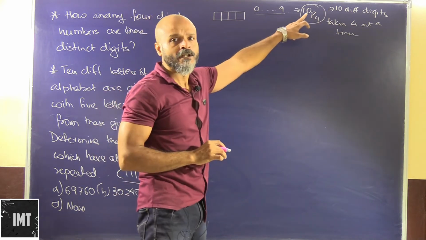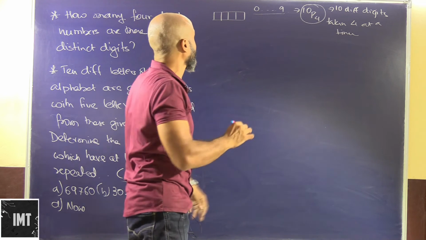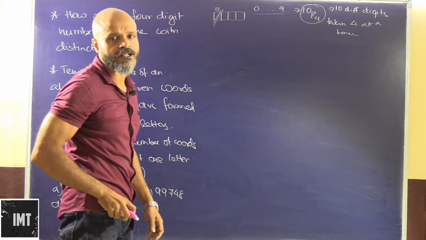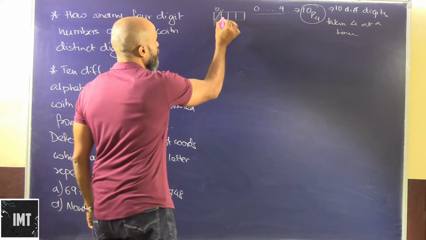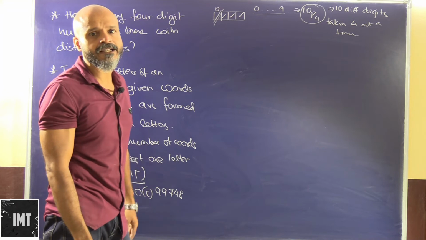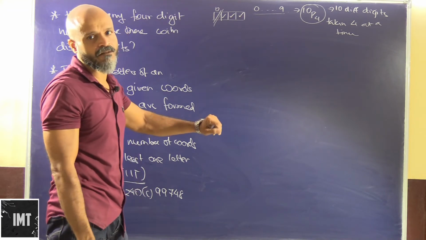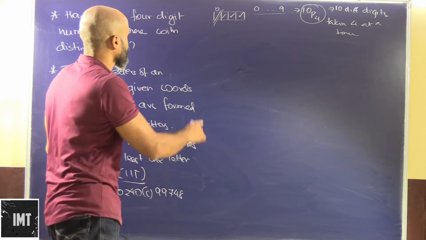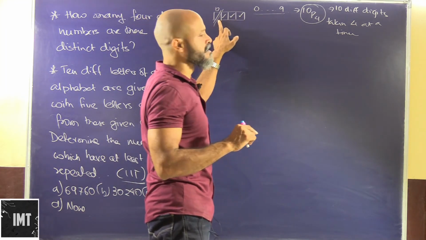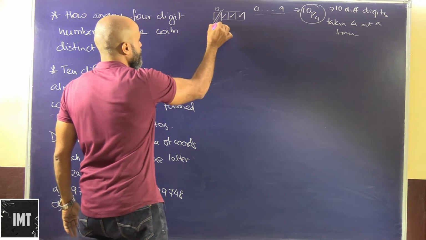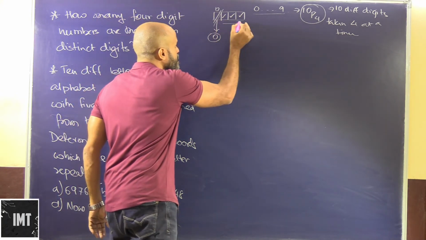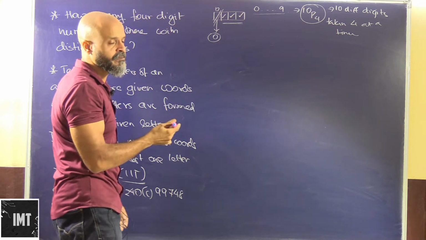Now the problem in this 10P4 is that we are also including numbers with 0 at this position, which is not possible. 0 can occupy this position and this position, but not this one, because in that case it will not be a 4-digit number, it will become a 3-digit number. So we have to subtract all those cases in which the digit 0 is here. If we fix this position for 0, how many arrangements are possible?